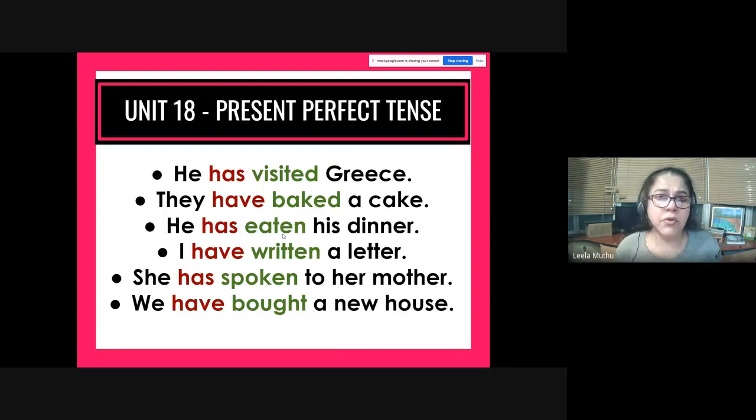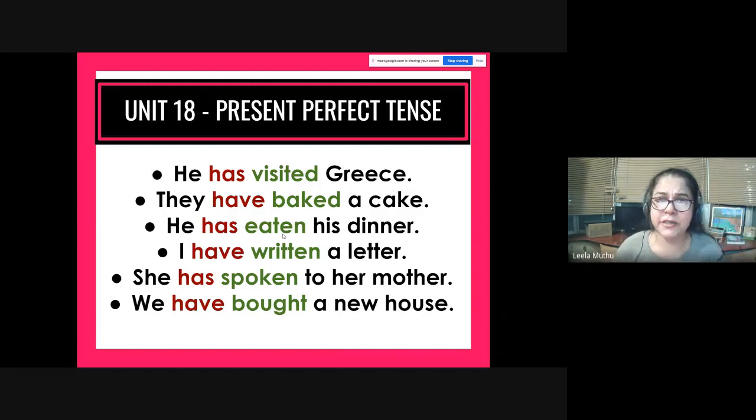So there are more examples to get the idea really clear. Okay? He has visited Greece sometime in the past, but not at the moment. They have baked a cake at an unspecified time in the past, but that action is completed. He has eaten his dinner maybe an hour ago, maybe a few minutes ago, but it has happened in the past. It's not continuing or happening at the moment. I have written a letter an hour ago to my mother.